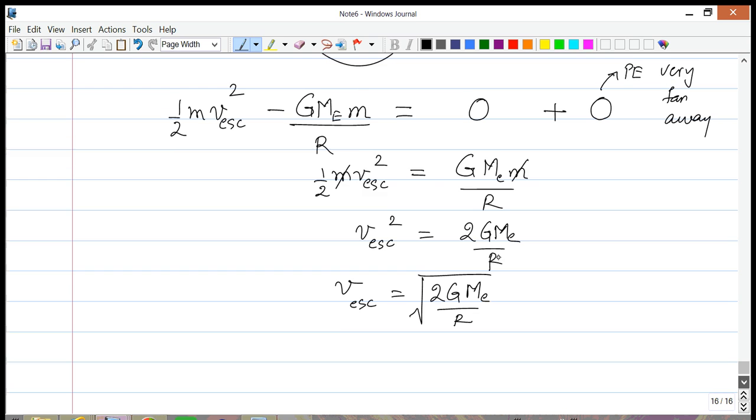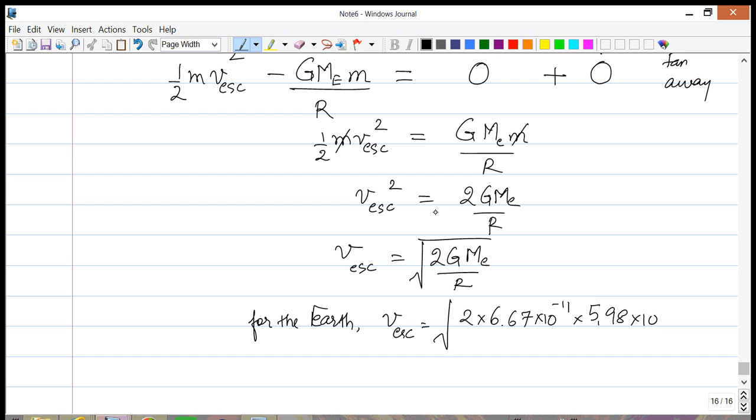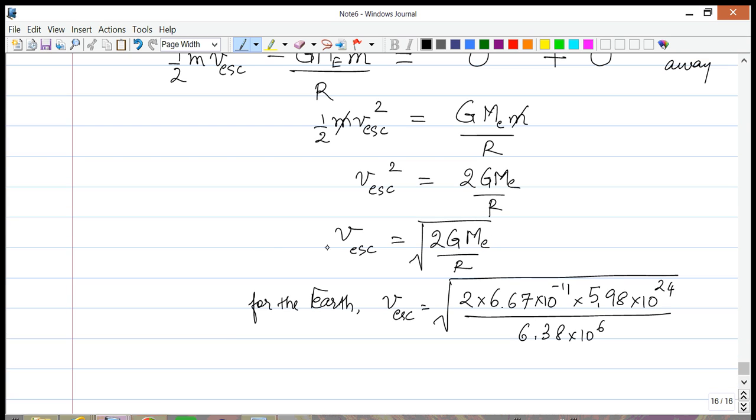Okay, let us calculate the escape speed for the Earth. So for the Earth, v escape is equal to the square root of 2 times 6.67 times 10 to the minus 11 multiplied by 5.98 times 10 to the 24 divided by r, and the radius at the surface is simply going to be equal to this.